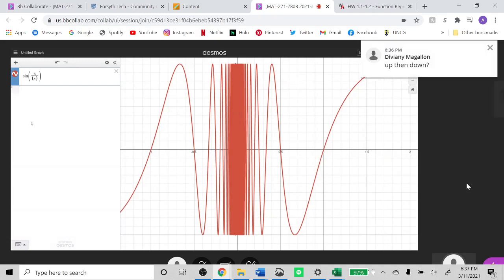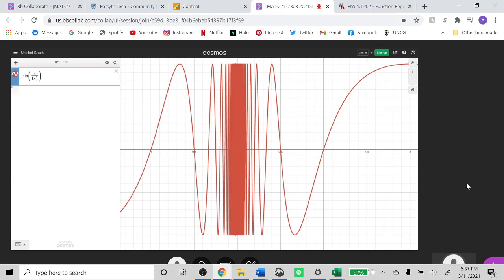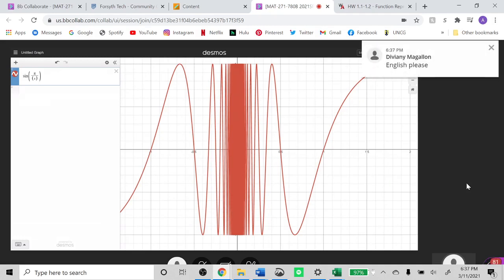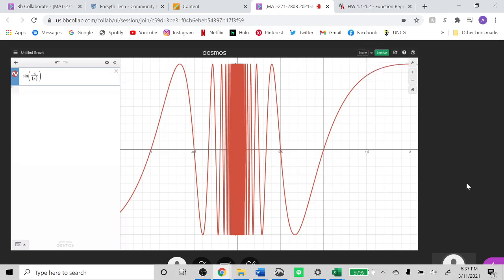This function is oscillating between 1 and -1 infinitely often as x approaches 0. Right? So what's happening is the function values do not approach a fixed number as x approaches 0. That was plain English. The only word I used that's an out there word that you have heard before is oscillate.